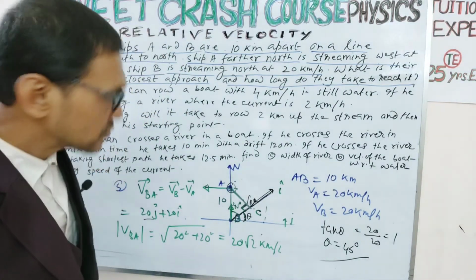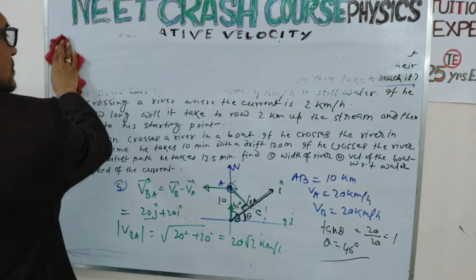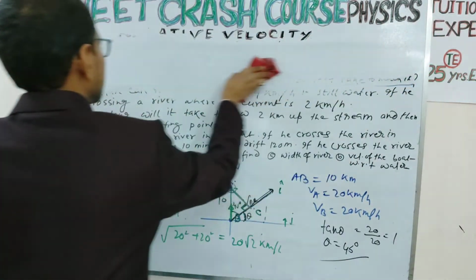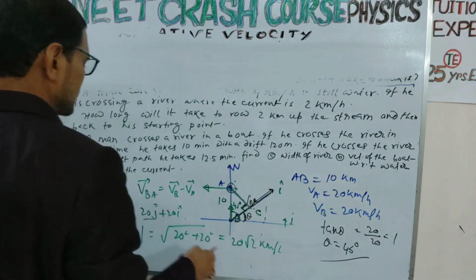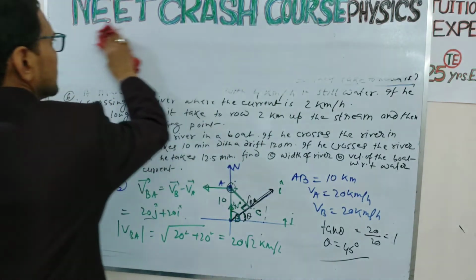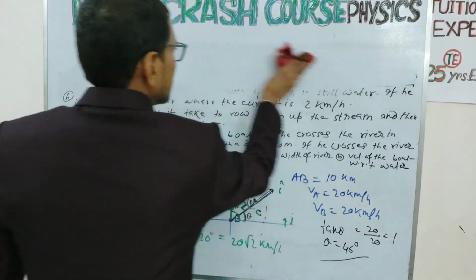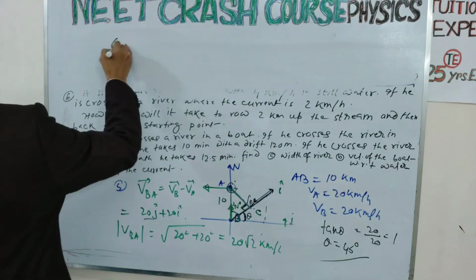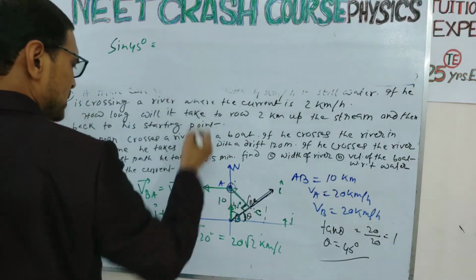So sine 45 degree equals perpendicular by hypotenuse.